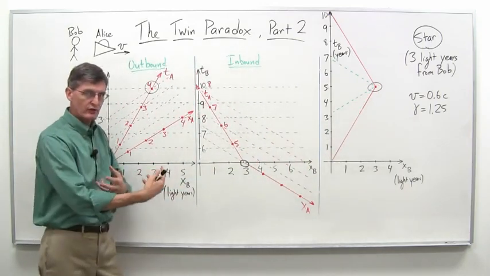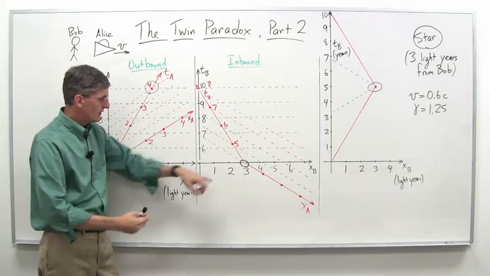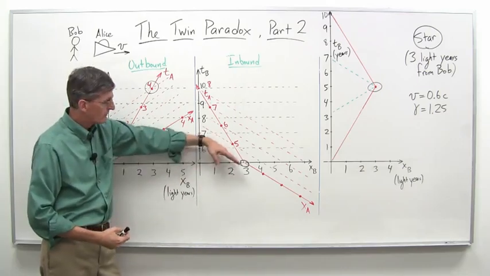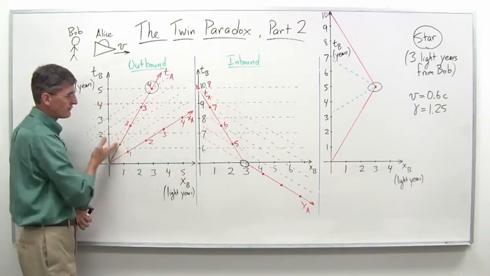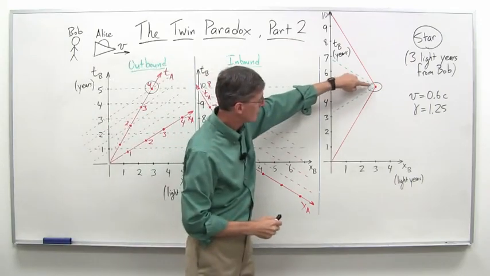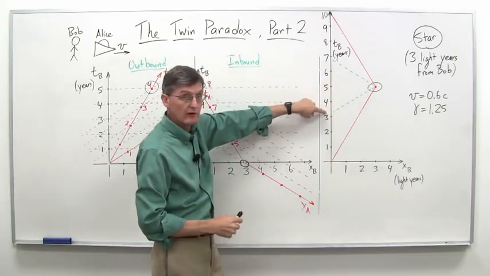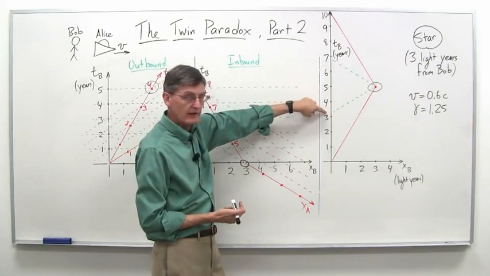In that instant of turning around, all of a sudden she's in a new frame of reference with different lines of simultaneity. Her first frame of reference's lines of simultaneity go down like this, and so when she's there, this green dashed line represents her line of simultaneity.